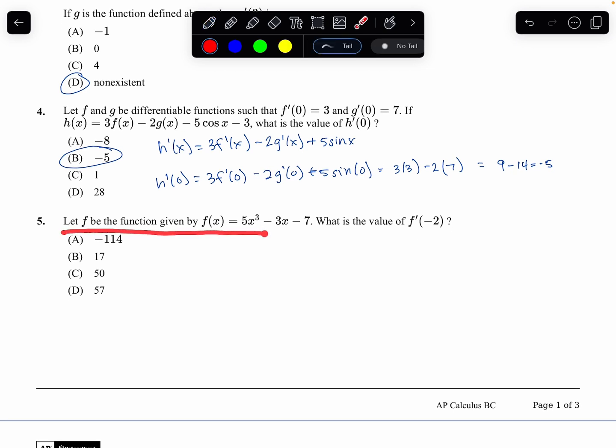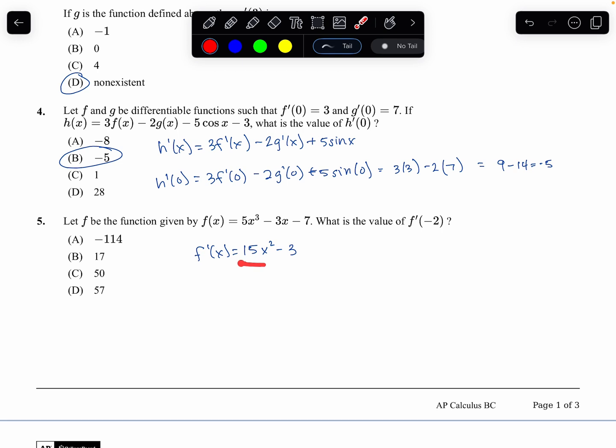Let f be the function given here. What is the value of f prime of -2? Let's find f prime of x. So f prime of x, drop the 3 and multiply it with the constant that's already there: 15, decrease the power to x squared, minus 3, and then the derivative of a constant is 0.